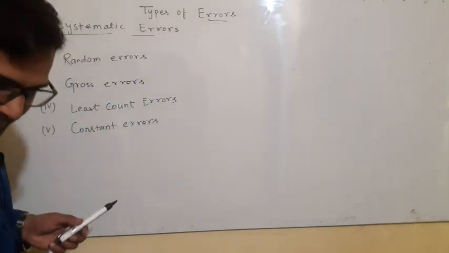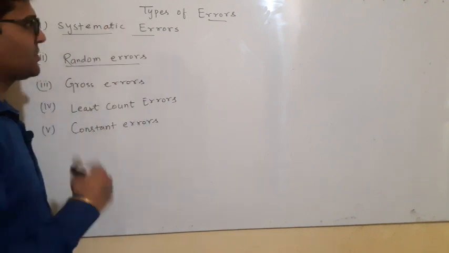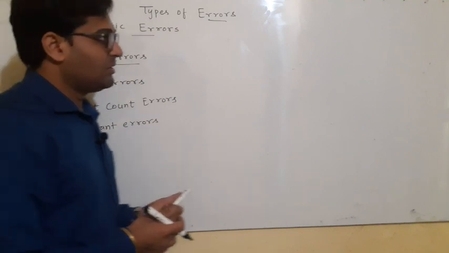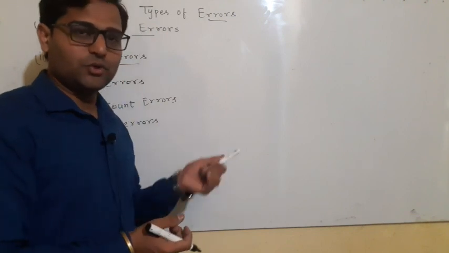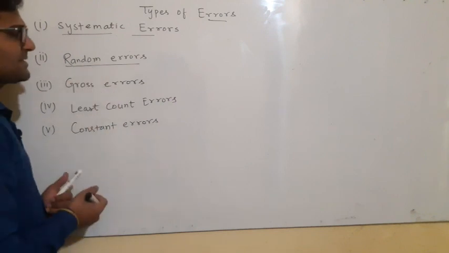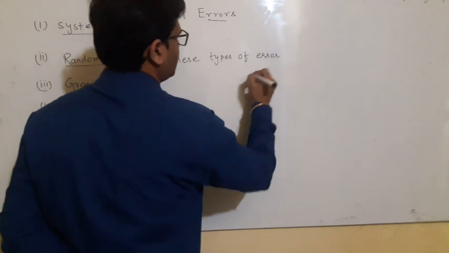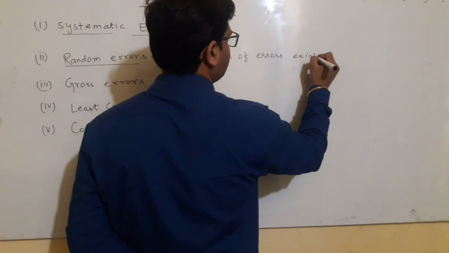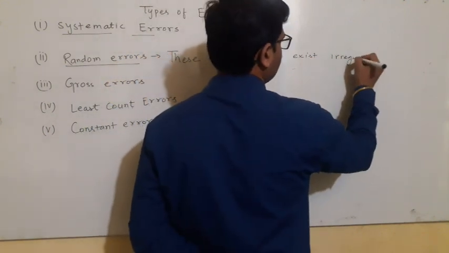Random error. Random error means, because systematic errors are the continuous errors. If I have a broken piece of scale, then errors during the measurement will remain continuous, right? But random errors, these types of errors exist irregularly.